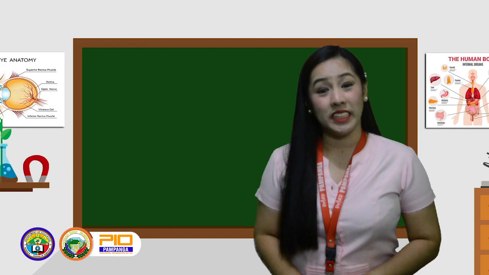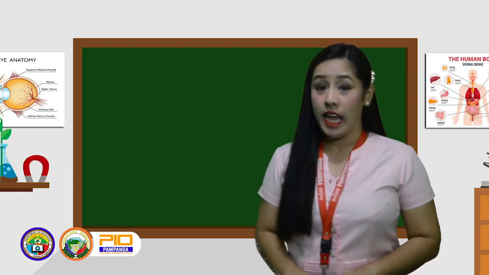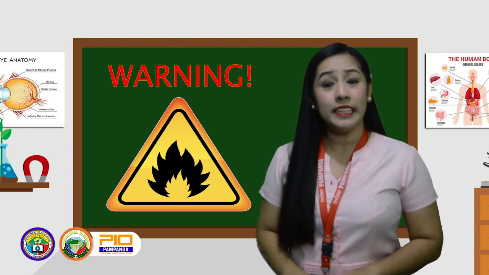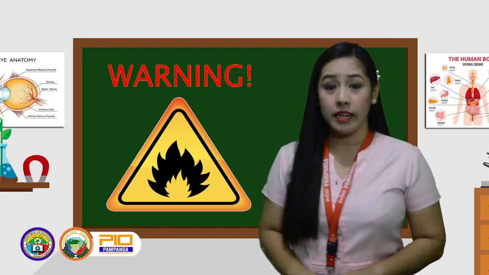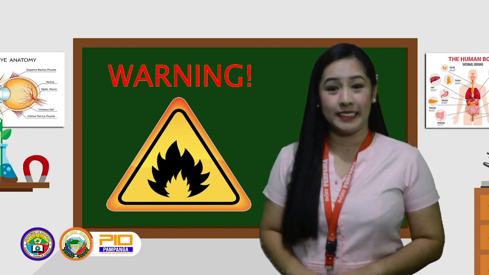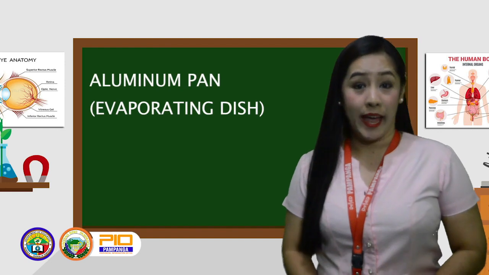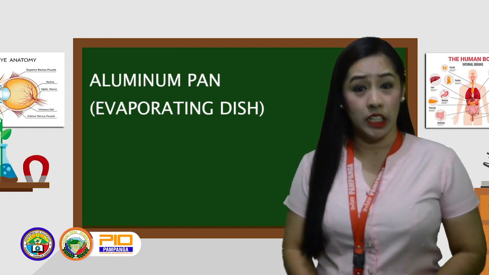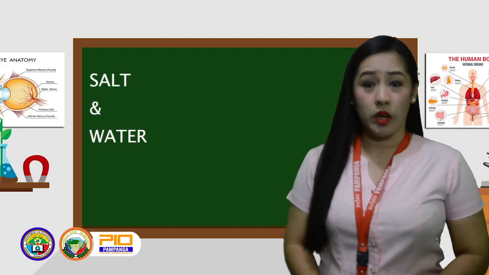Let's try another activity. But before we proceed with our next activity, I would like to remind you that this experiment requires fire, so ask the help of your parents or guardian in performing it. For this activity, you will be needing an aluminum pan or evaporating dish, an electric or gas stove, salt, and water.